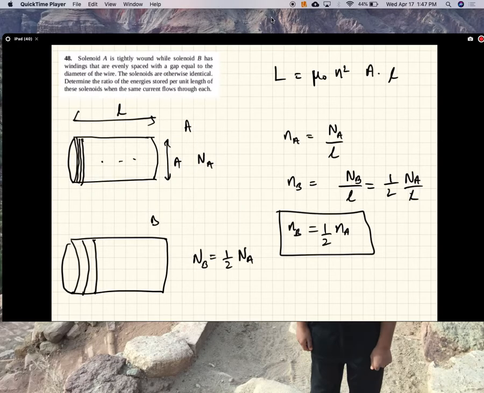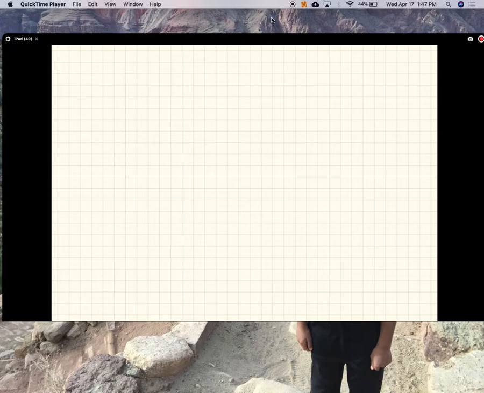So let's add a page. Okay, so LA is mu naught nA squared times area times l.